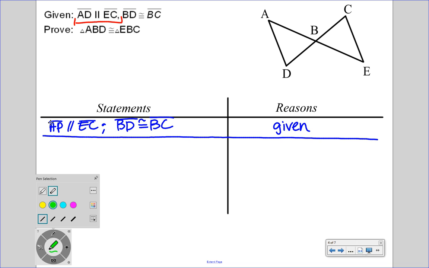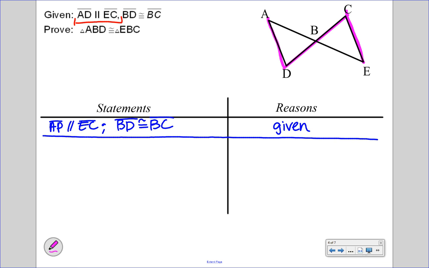So let's highlight those parallel lines, AD and EC. And then we highlight the line that's connecting it. Okay? That gives us the guidelines to put the swoopies, those 2 swoopies. It gives us congruent angles.